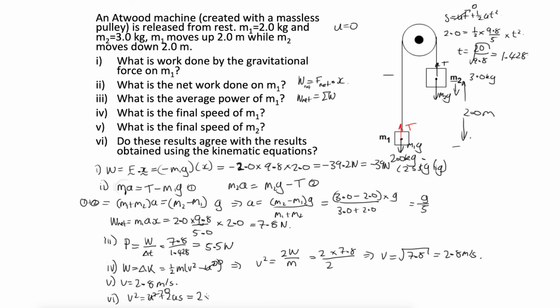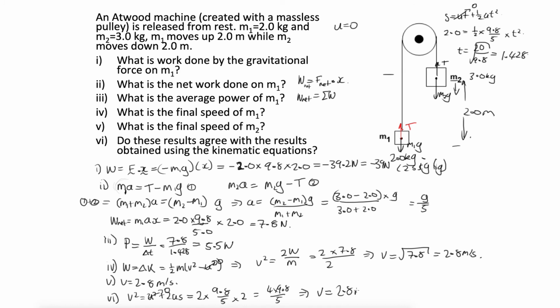So this is 2 times the acceleration, which we calculated was 9.8 over 5, and the displacement is 2. So this is equal to 4 times 9.8 over 5, and we need to take the square root of that if we want the speed. When we do that, we get v equal to 2.8 meters per second. So that is in agreement with what we got using the work and the energies.